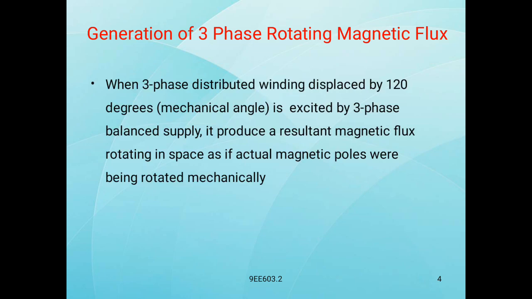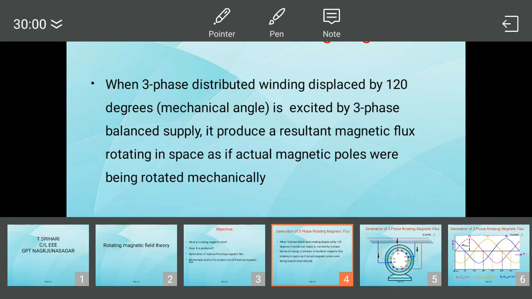When a three phase distributed winding displaced by 120 degrees, that means 120 degrees mechanical angle, is excited by a three phase balanced supply, it produces a resultant magnetic flux rotating in space as if actual magnetic poles were being rotated mechanically.